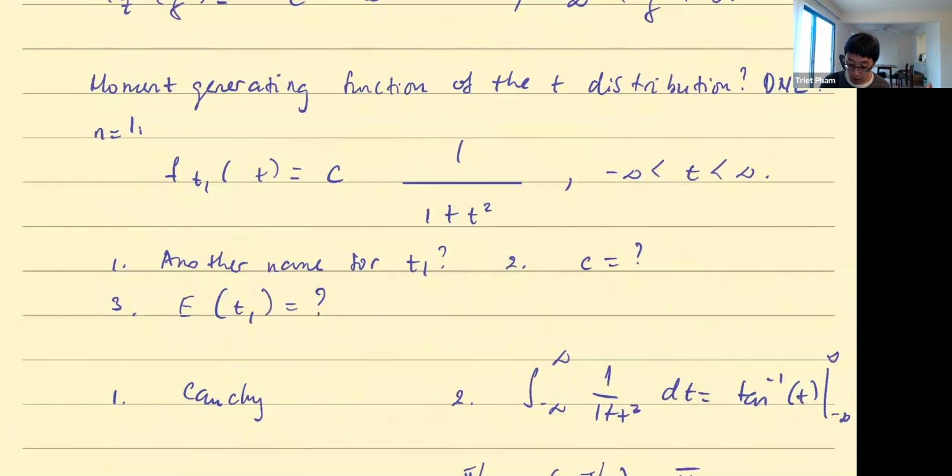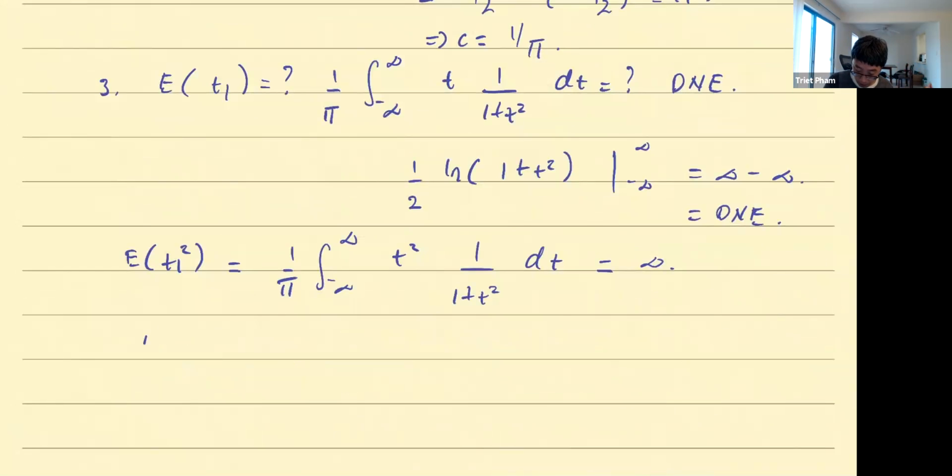But the idea is that the T distribution with n degrees of freedom has only moments up to n minus 1. Okay, I think. So if you have T2, like T with 2 degrees of freedom, then you can have the first moment, but you won't have the second moment.